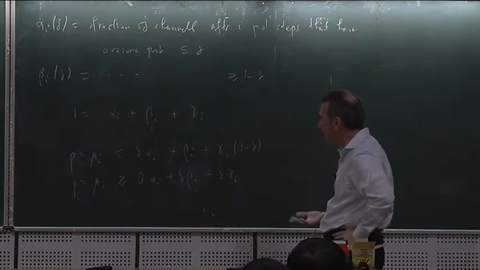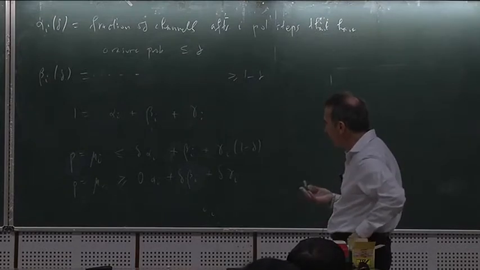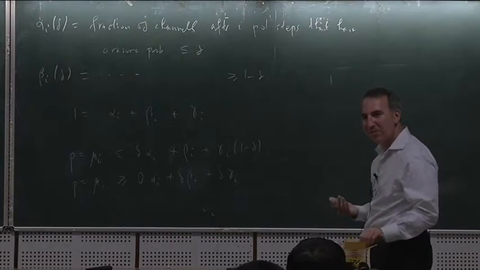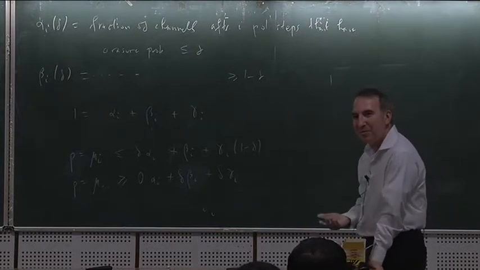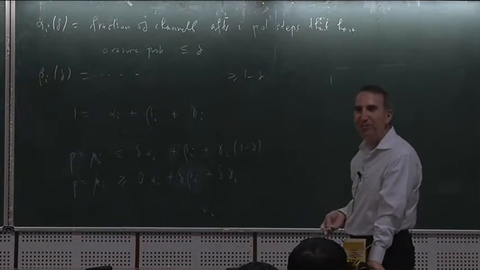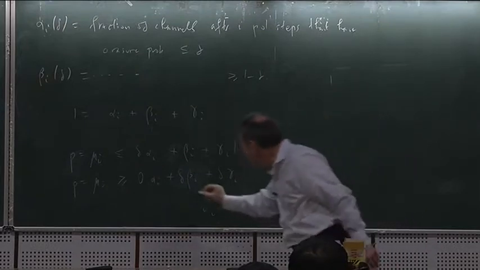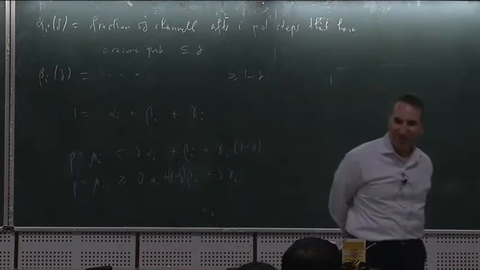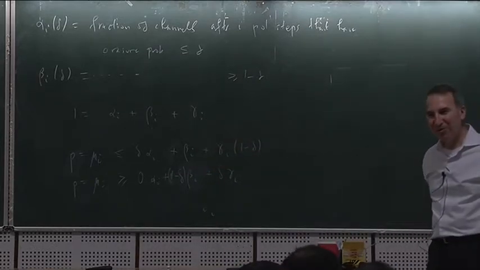For the betas, the minimum error is 1 minus delta. Thank you very much. I was wondering what I was doing wrong.